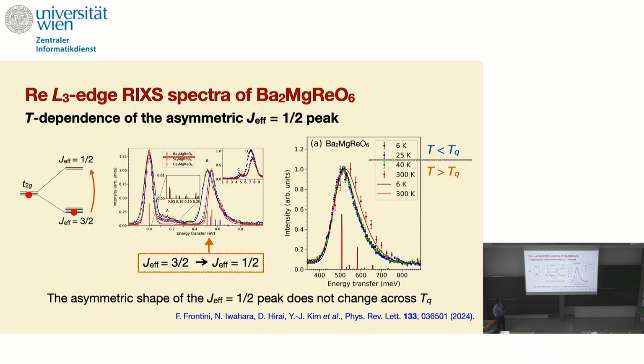And this asymmetry doesn't change, below and above the quadrupolar transition. The shape doesn't change much, so this means we cannot assume structural deformation below the quadrupolar temperature.